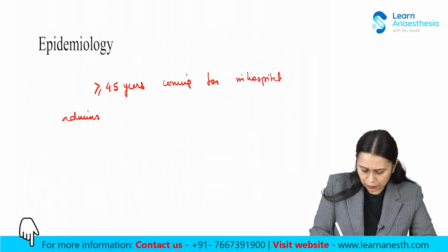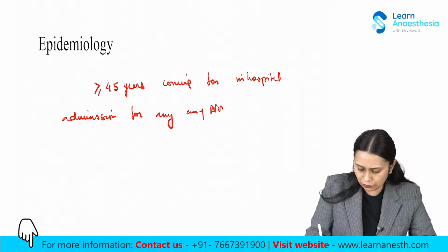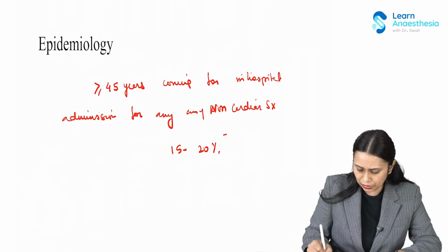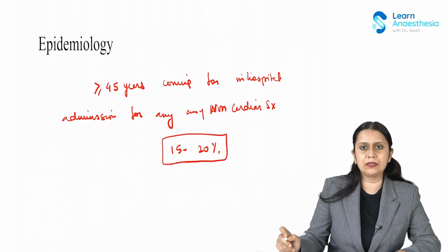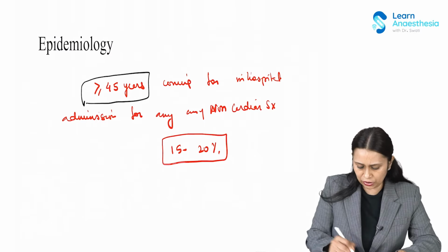For any non-cardiac surgery requiring admission of the patient, the incidence has been found to be 15 to 20%. So this is a pretty high incidence, and the age is hardly above 45 years.